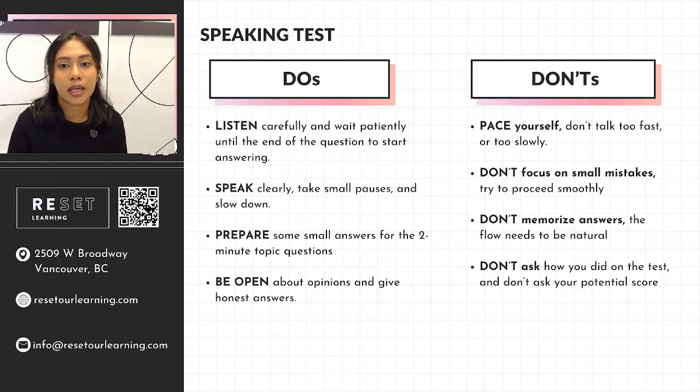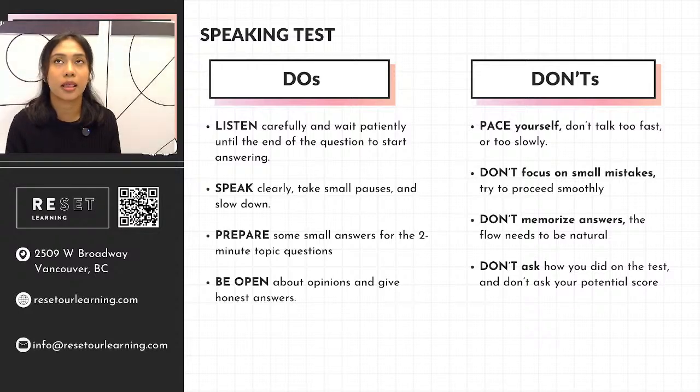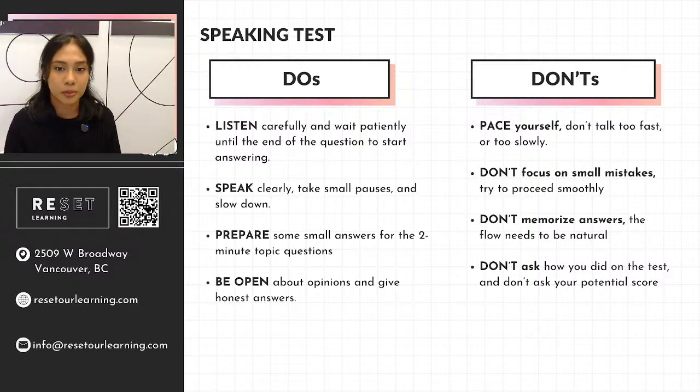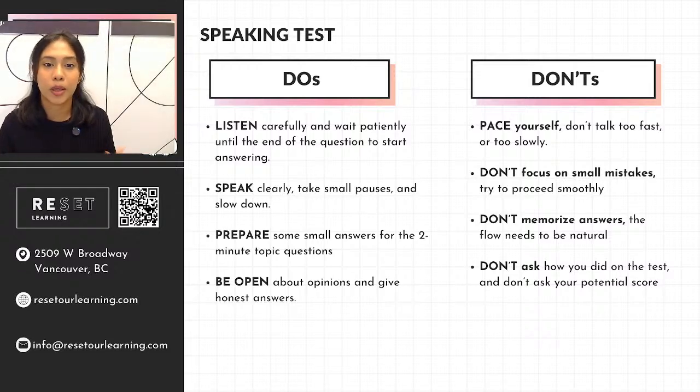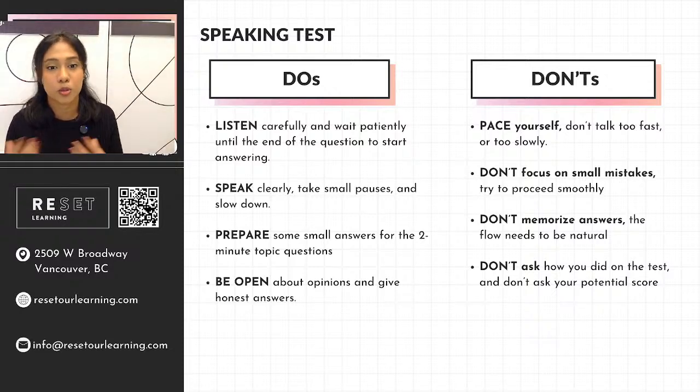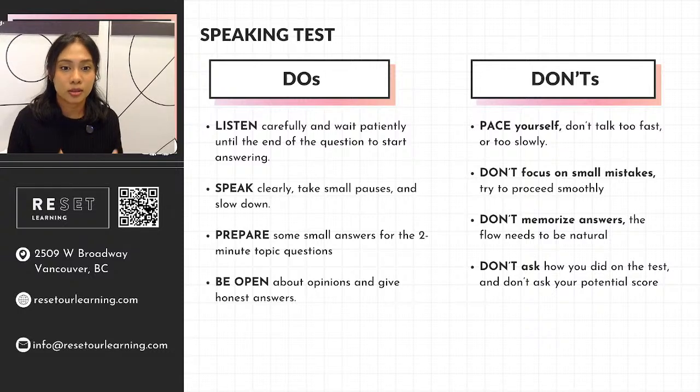For example, if they're asking you whether you like reading or not, and you don't like reading, you should just say, no, I don't like reading because I gave it a chance once. I picked up a book to read. I went halfway through it, but then I found out about audiobooks, which worked better for me. So I completely switched to listening to books instead of reading, which is more convenient for me.